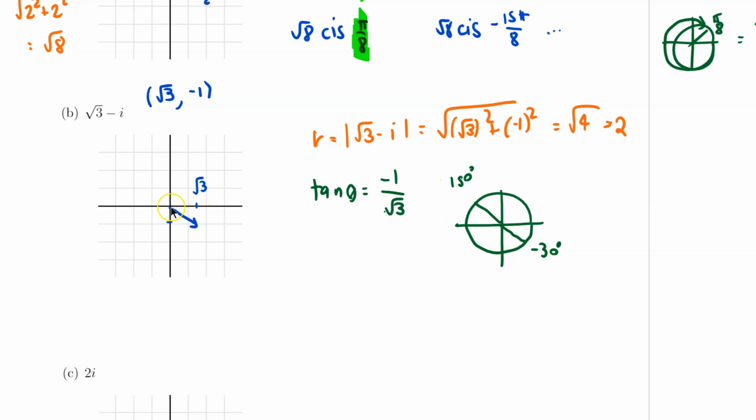We can see that my complex number here is in quadrant 4, it goes this way. So the angle that I'm looking for is negative 30 degrees. So the polar form for this is r cis theta, where theta is negative 30 degrees. Or if I want to write this in radians, that's going to be 2 cis of negative pi over 6. Okay, so that's my answer for part B.